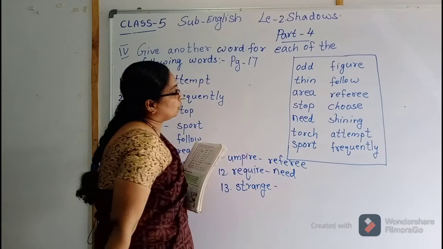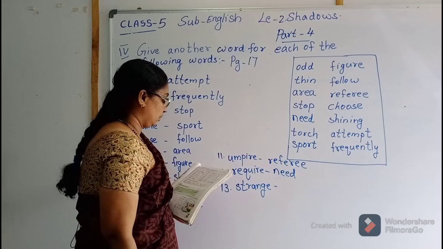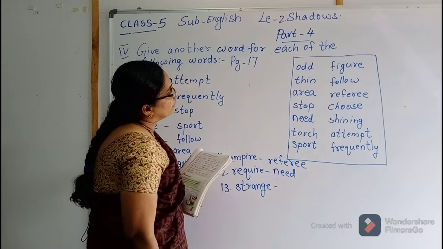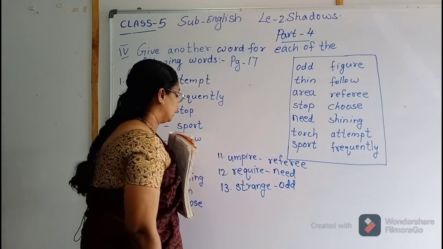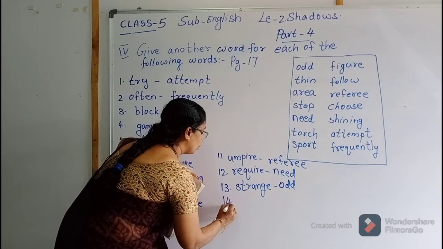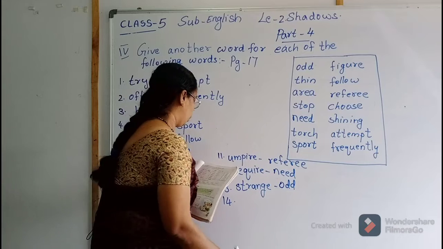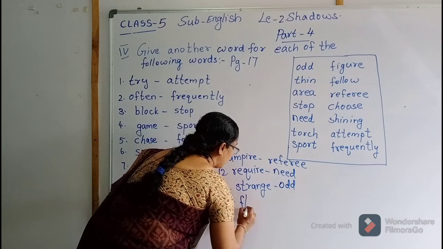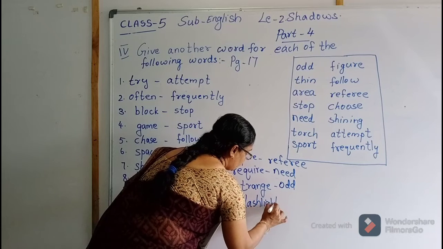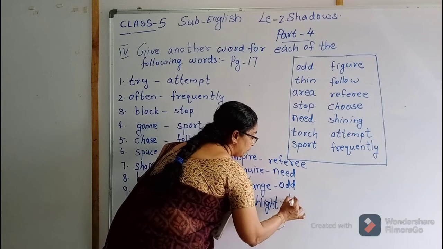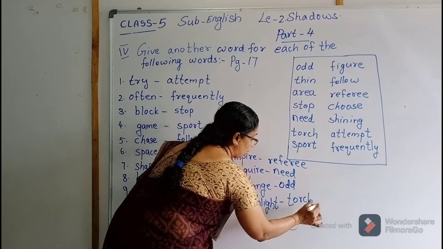S-T-R-A-N-G-E. Strange means odd. O-D-D. Odd. Number 14, flashlight. That means torch. We learned this in the meaning, children.